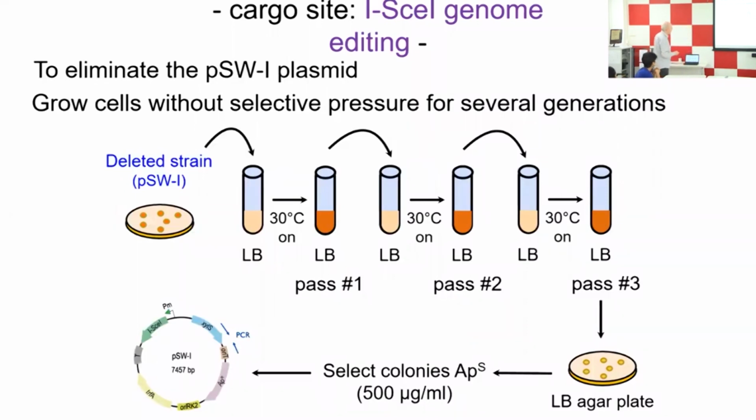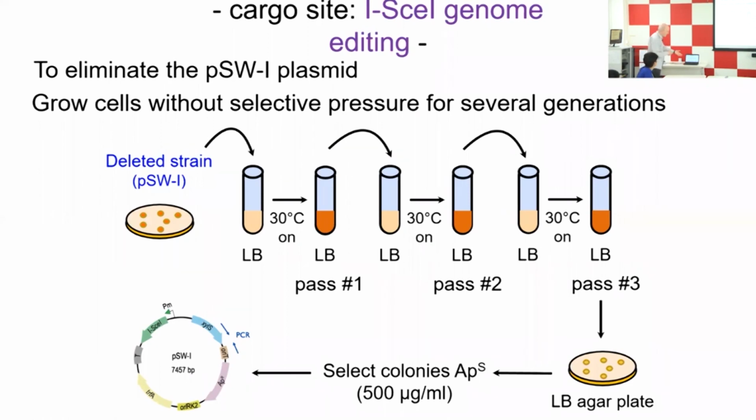Okay, so then there's another step: once you get your deletion, you have to eliminate the plasmid that encodes SC1, the enzyme that cleaves the genome, okay? That's a kind of fastidious part, and all you have to do is grow the cells over and over and over until you lose the resistance that is present in this plasmid, okay?